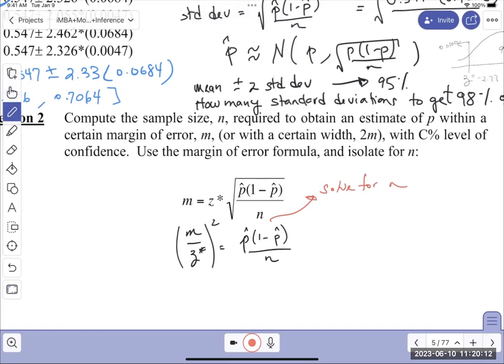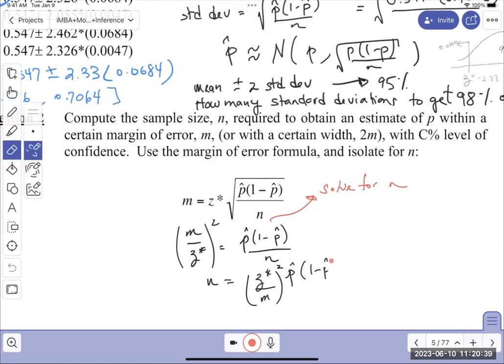And then I'm going to cross multiply because I really want to isolate for N. And so that will mean that I would write... Is everybody okay with what I did? Let me move these down a little bit because they're hanging over there.